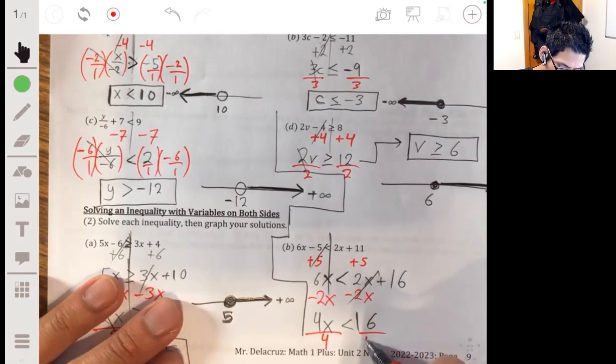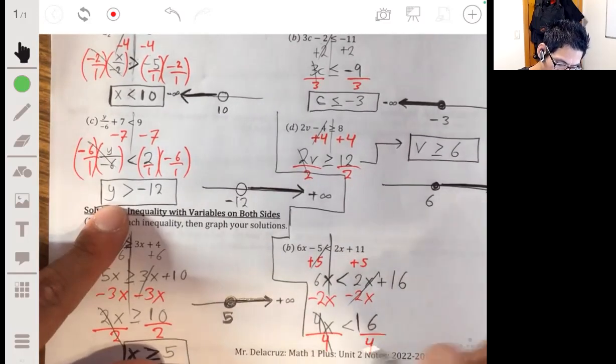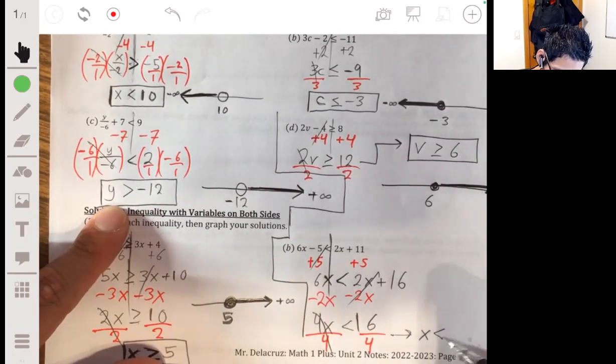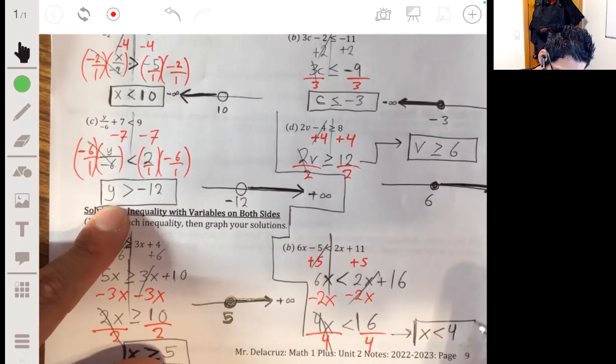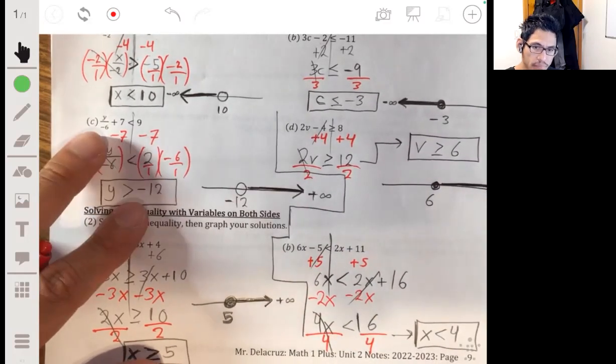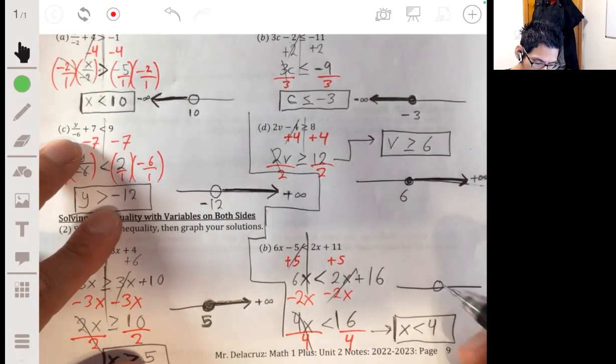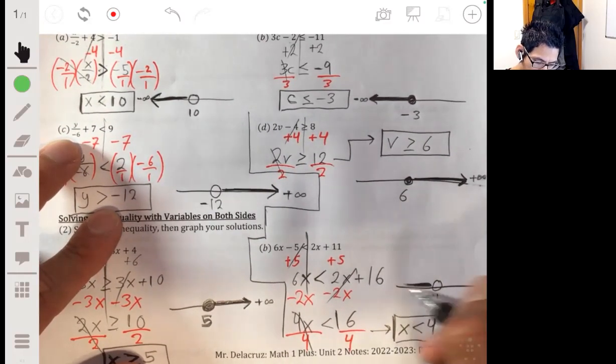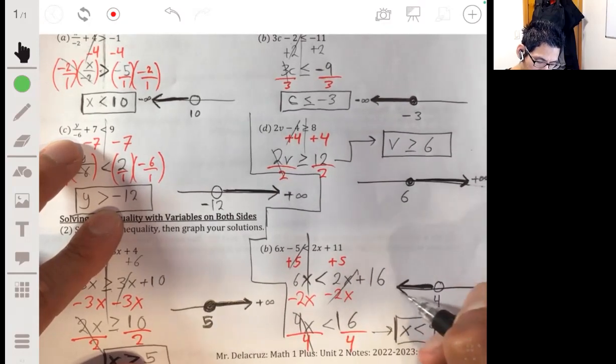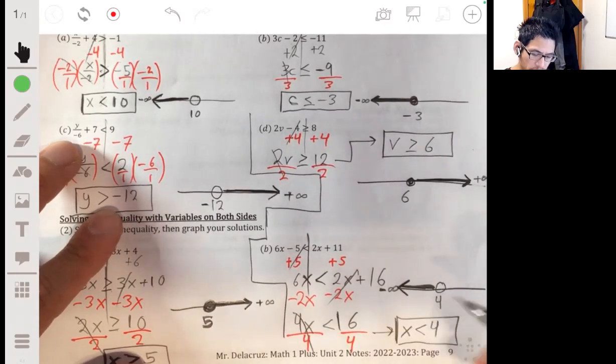Divide by 4. And x is less than 4. And then open circle on 4. Arrow to the left towards negative infinity.